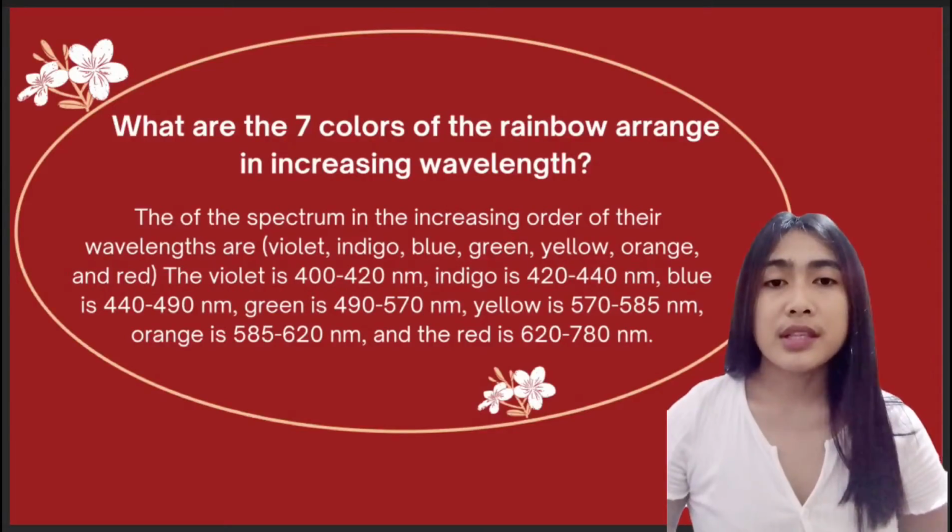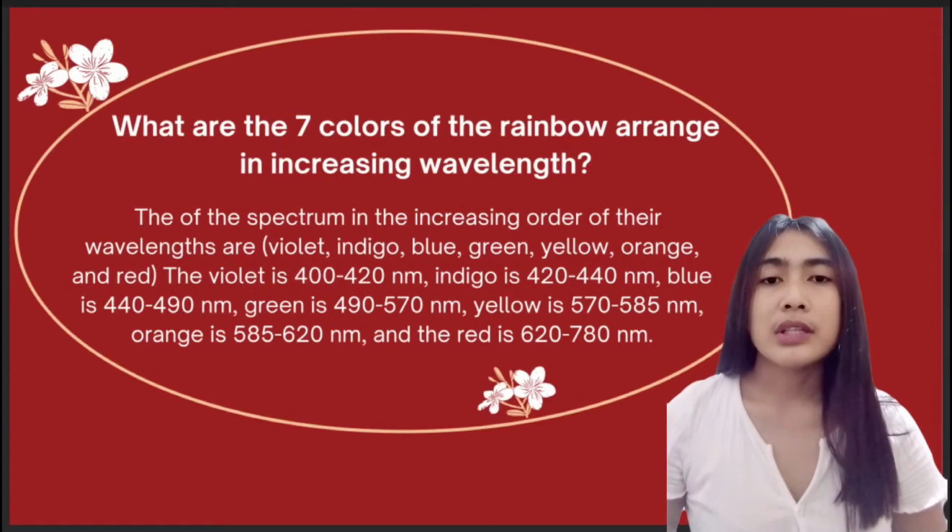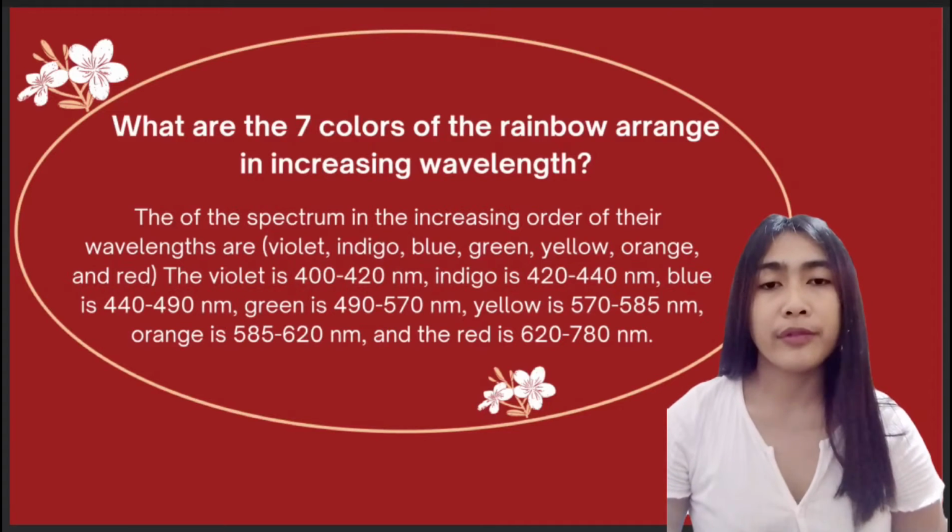What are the 7 colors of a rainbow arranged in increasing wavelength? The spectrum in the increasing order of their wavelength are violet, indigo, blue, green, yellow, orange, and red.